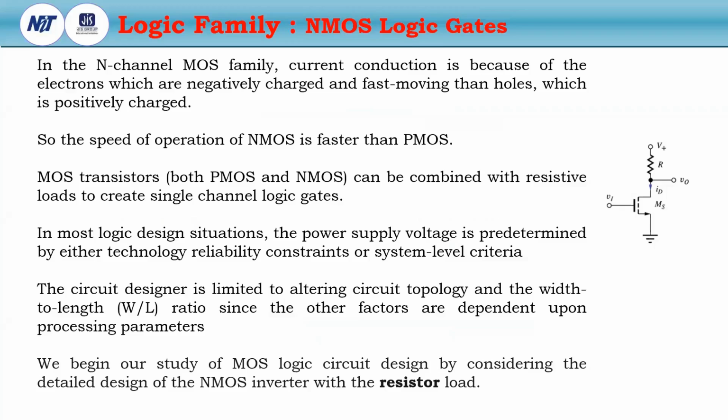So the MOS transistors, both PMOS and the NMOS, can be combined with the resistive loads to create the single channel logic gates. So suppose, for an example, this is an inverter where the load resistance is connected with the power supply, and the NMOS acts as a driver of the logic gate.